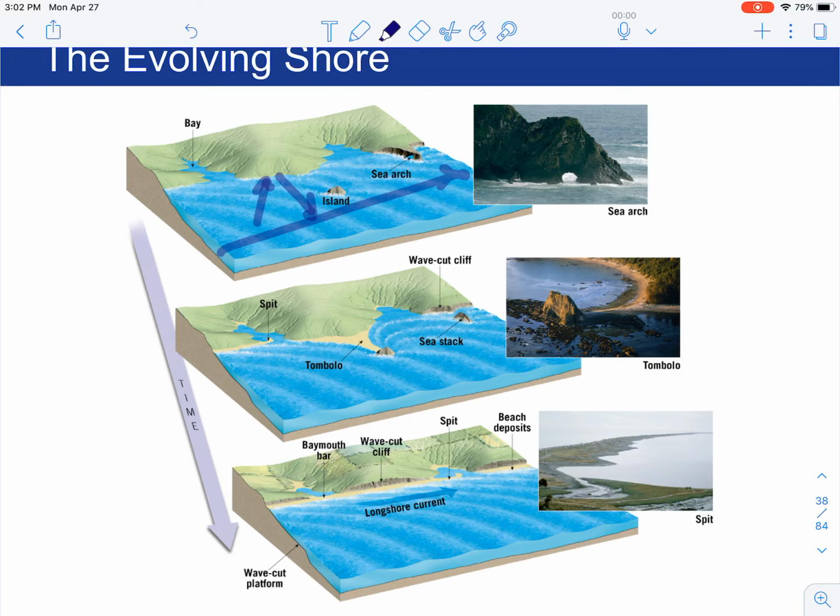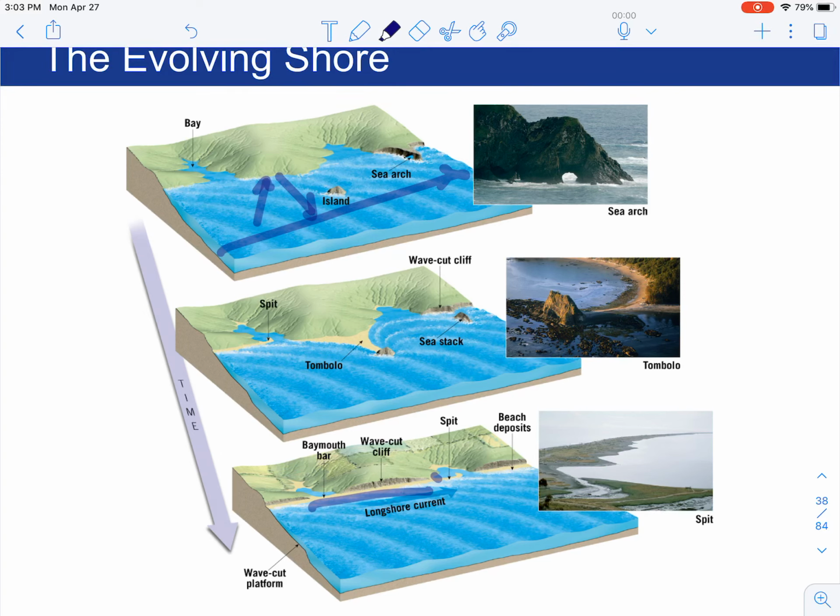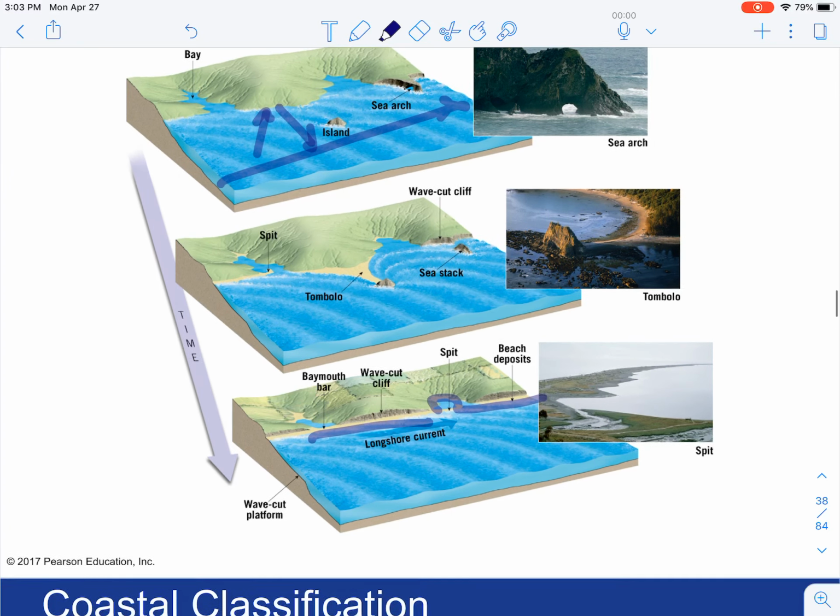And then slowly over time, those features might continue to erode, and you might get more depositional landforms, like these baymouth bars and spits and other sandy beach deposits that you see down here, right here and here. So again, constant state of change through time, because energy is constantly being transferred between the air and the water.